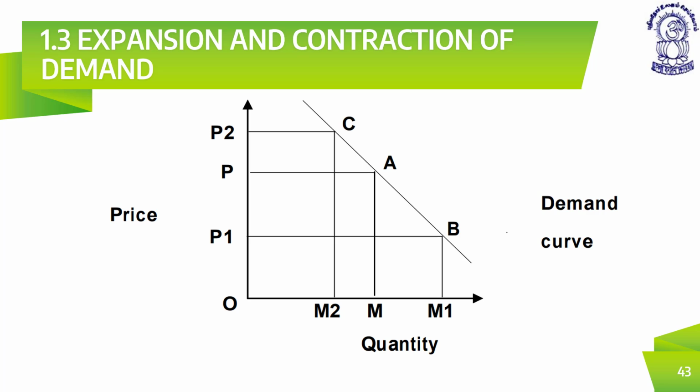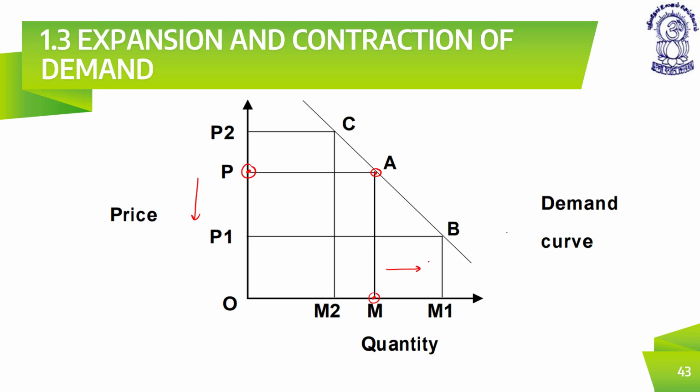Let's see this expansion and contraction of demand. So we are over here, this is the price, this is point A. If I talk about extension of demand, in that case there would be an increase in demand. Due to the fall of the price from P to P1, there is an increase in the demand from M to M1. The quantity demanded increases.